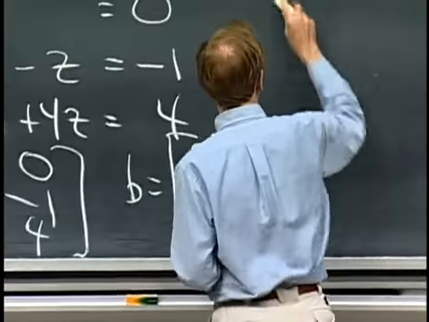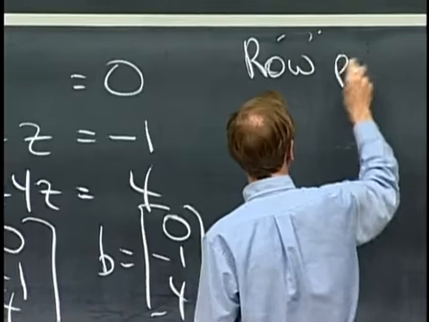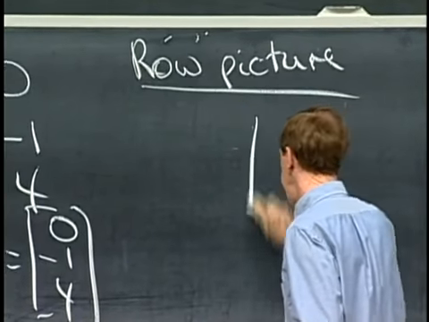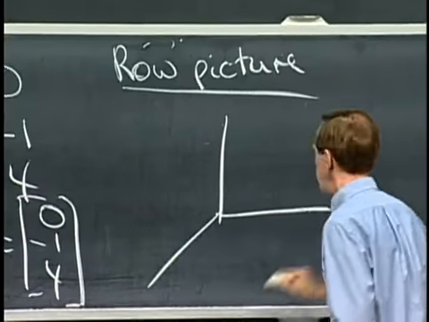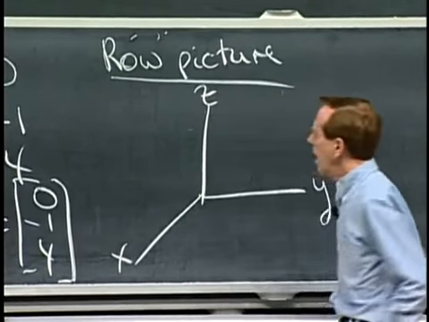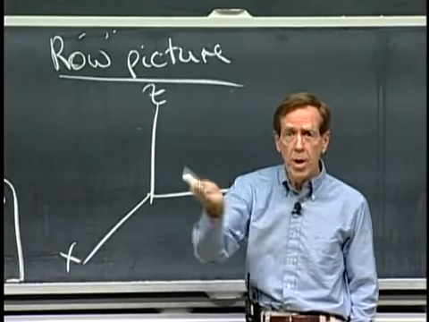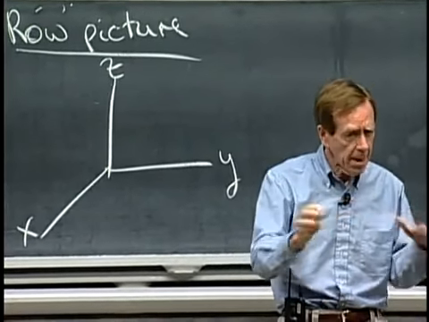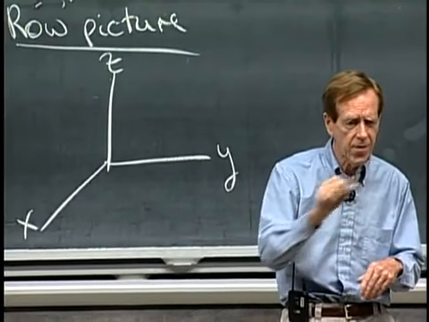Okay. So the row picture. All right, so I'm in 3 dimensions, x, y, and z. And I want to take those equations one at a time and make a picture of all the points that satisfy.